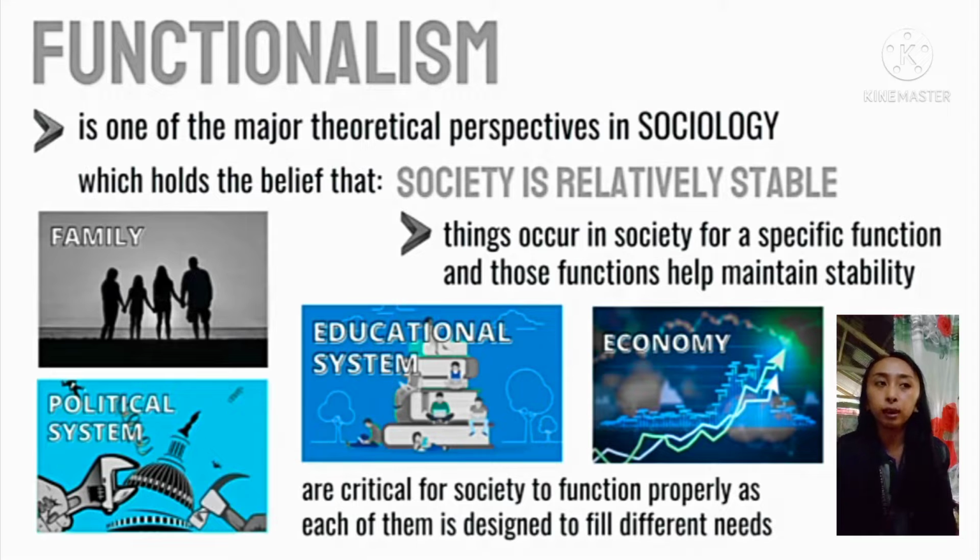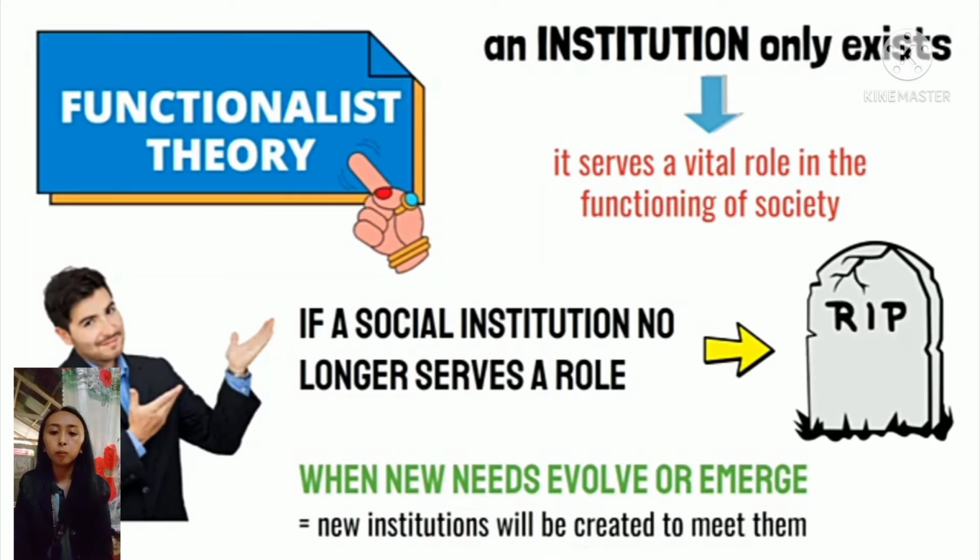Things occur in society for a specific function, and those functions help maintain stability, such as family, political system, educational system, and economy. They are critical for society to function properly, as each of them is designed to fill different needs. Functionalist theory holds that an institution only exists as it serves a vital role in the functioning of our society.